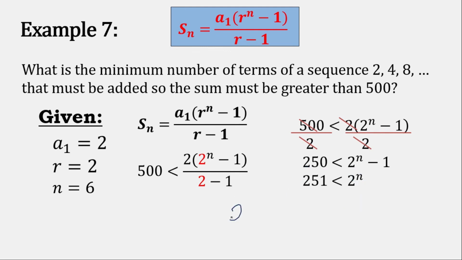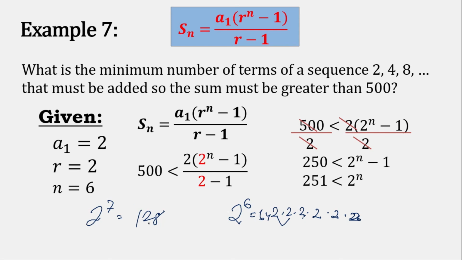For example, if we try 2 raised to 6, we could get 2 times 2 times 2. 2 times 2 is 4, 8, 16, 32, and 64. So this is 64. So this is not greater than 251. So let's try 2 raised to 7. 2 raised to 7 is 128.